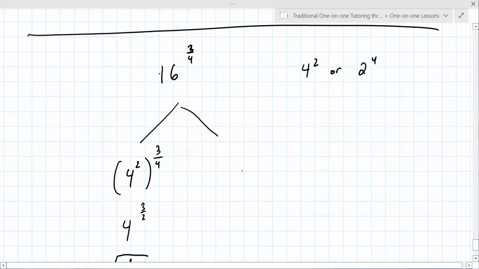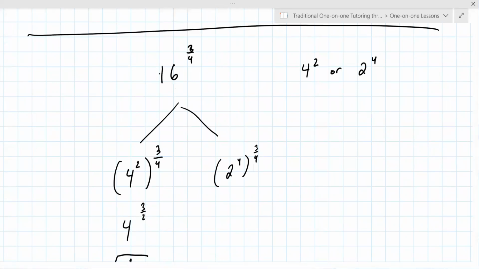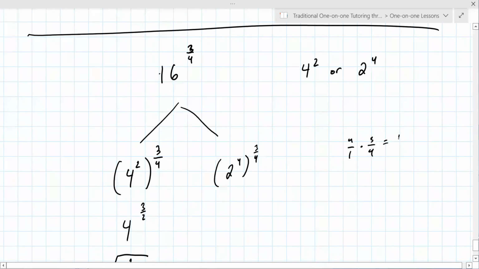Let's say it's really 2 to the power of 4 to the 3/4 power. Now what do you do to simplify this? 4/1 times 3/4. So I'd get 12/4, which would be 3/2 again. No. Try again. 4 over 1 times 3 over 4. It's definitely 12 over 4.